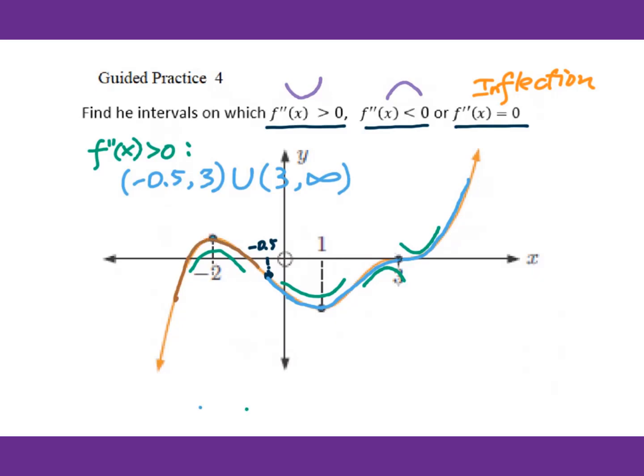Let's check the concave down. Yeah, this graph. Therefore, for the second derivative less than 0, it will be from negative infinity to negative 0.5.